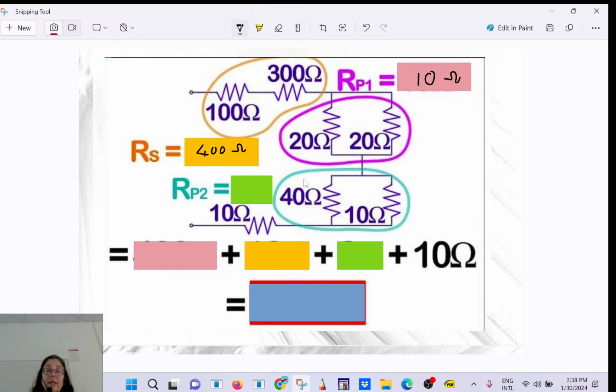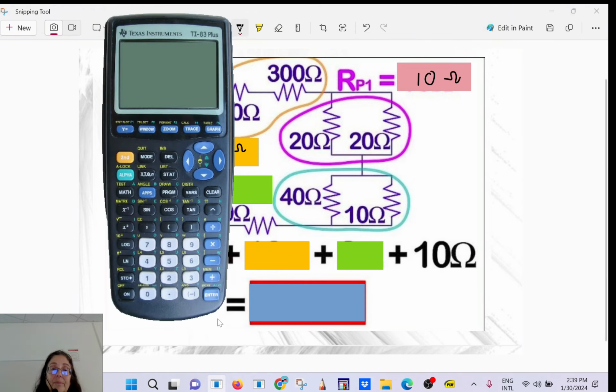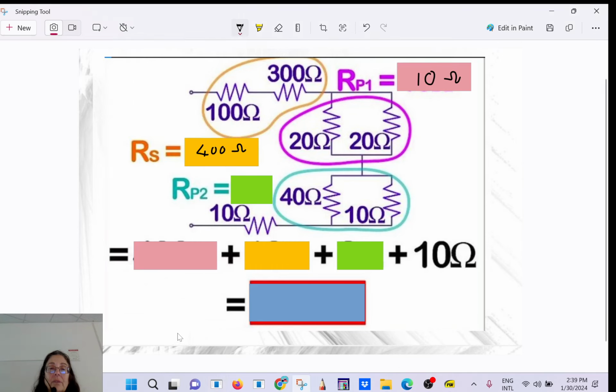And then boom. And then this one, which is green, is also in parallel. So you have to do 40 to the minus 1, enter, plus 10 to the minus 1, enter, 8. You sure? Yes. Okay, so I don't need to show you, it's good. Okay, 8. 8 ohms. Yes?